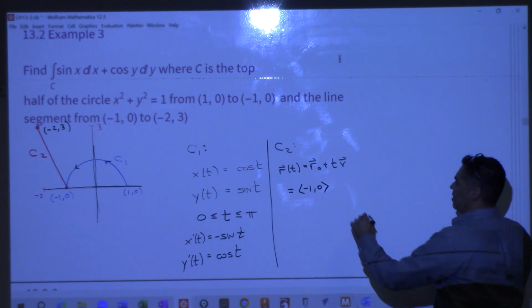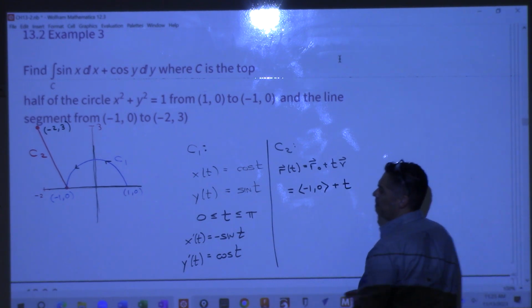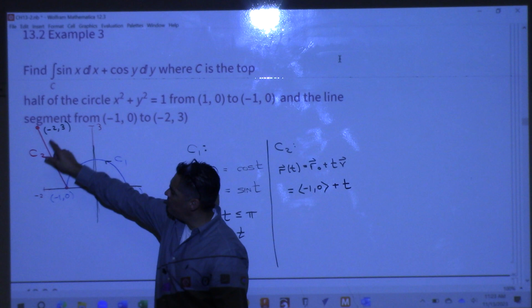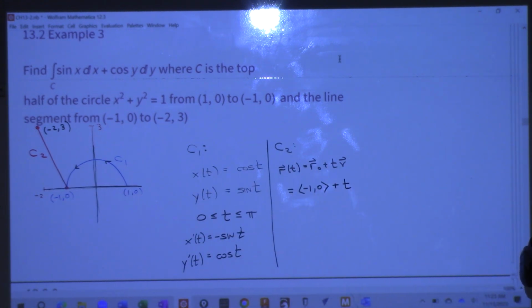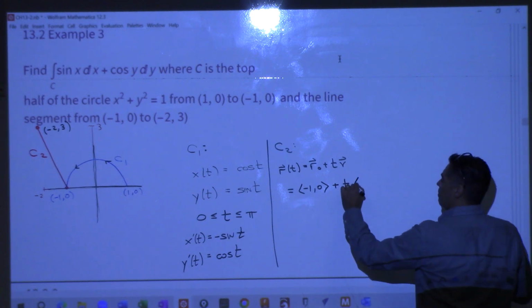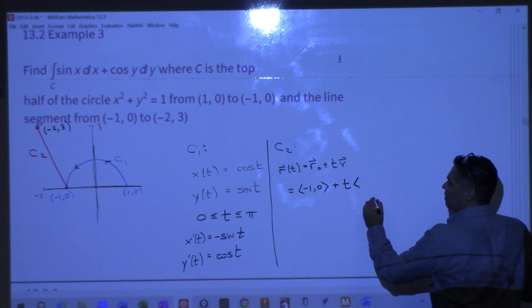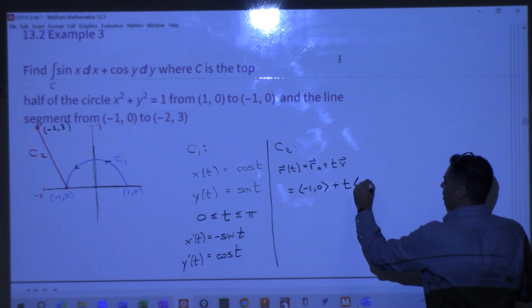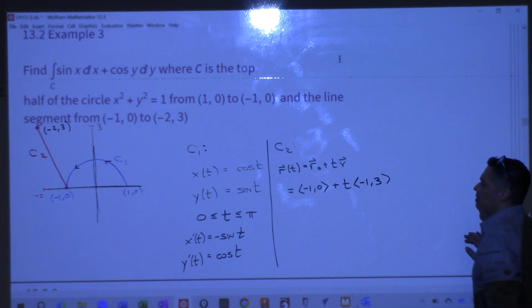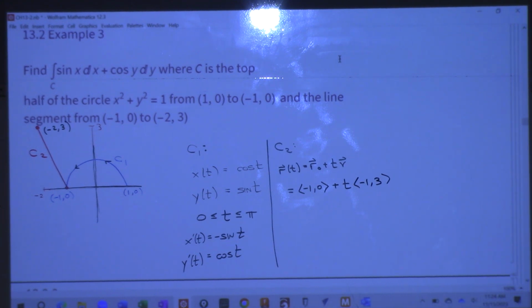Then plus t times a vector going from here to here. Careful, you're taking -2 and subtracting -1, so that's -1, and 3. Yes, (-1, 3).